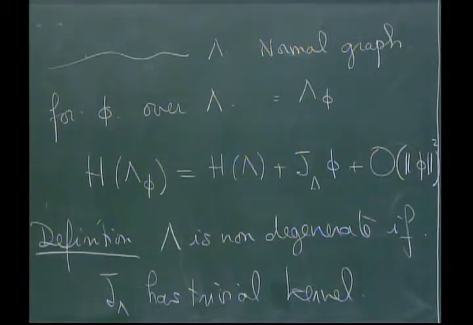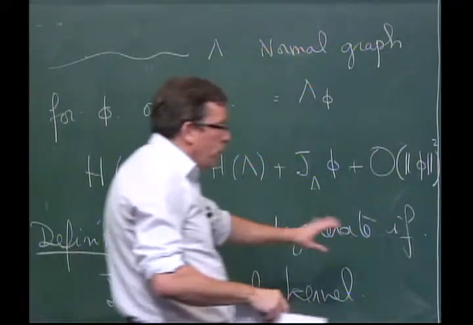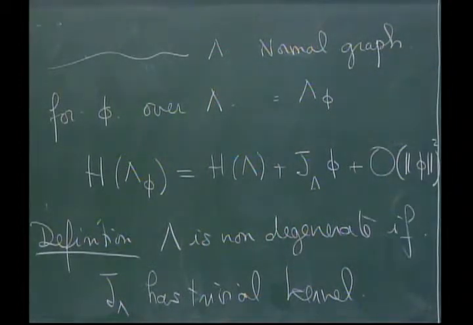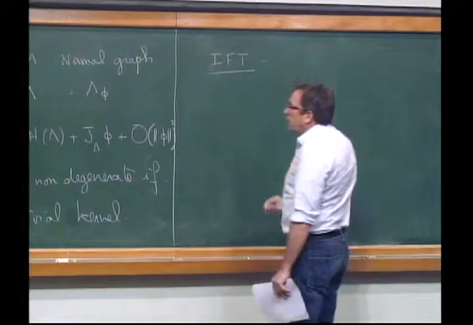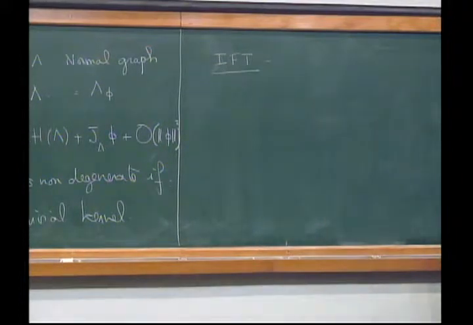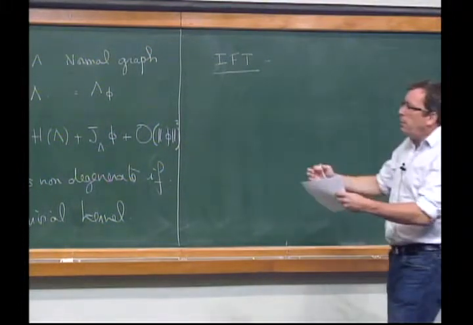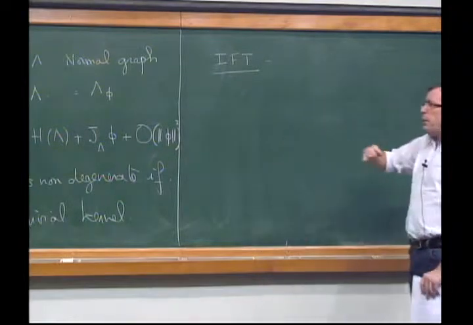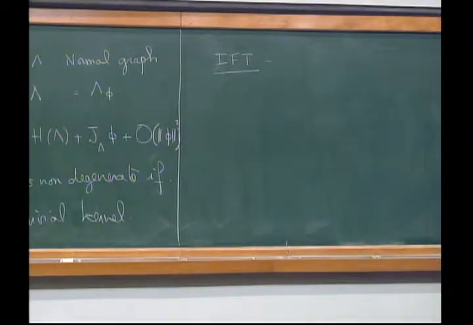If this is so, then the implicit function theorem tells you immediately that if you start with a surface lambda which is minimal, you can perturb it slightly and obtain constant mean curvature surfaces.